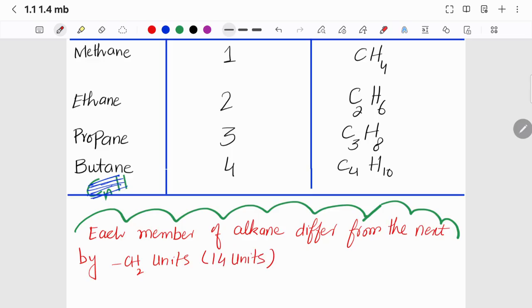How is this 14 unit obtained? We know that carbon has an Ar of 12 and hydrogen has 1, so 2 hydrogens are 2, so it would be 14 in total. Understood? 14 units.